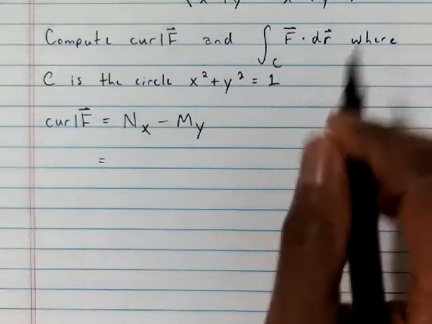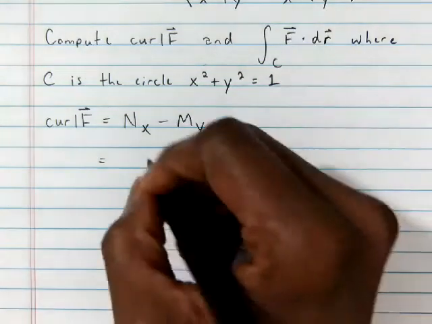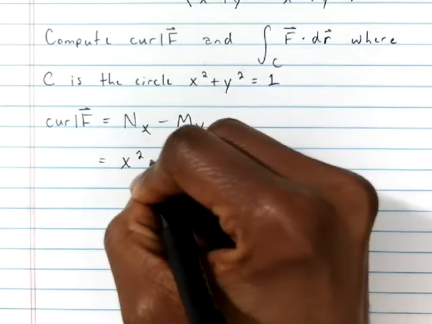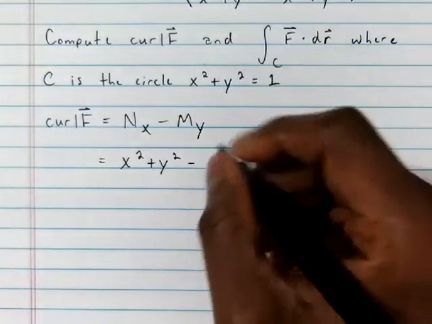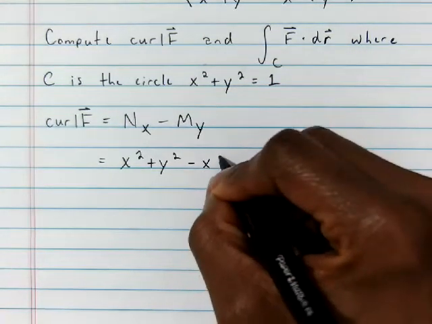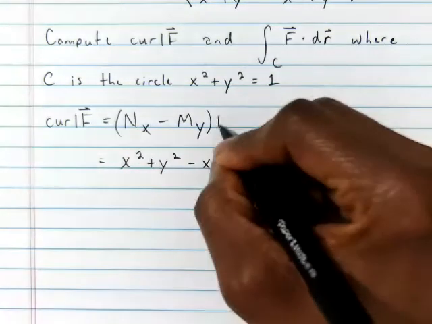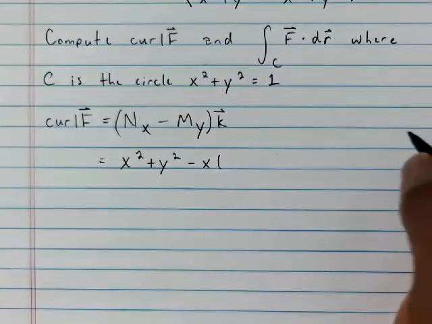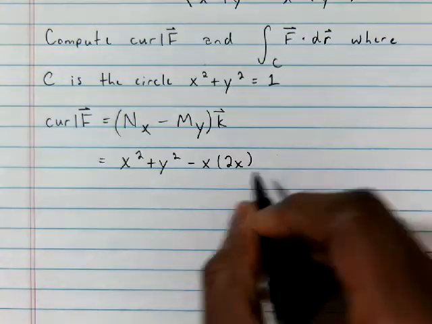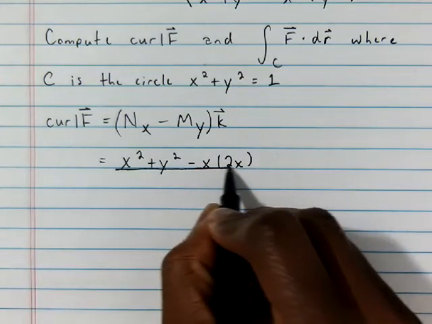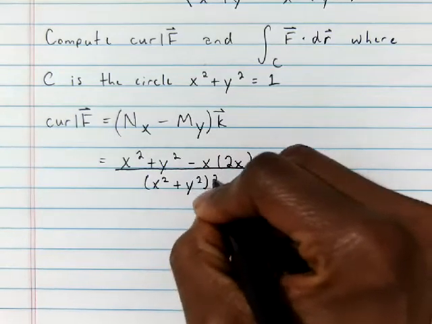So the partial of N with respect to x, we're going to get 1 times x squared plus y squared, and then minus x times 2x. Oh, sorry, this should have a k on it. That's the curl. X times 2x, and then all over x squared plus y squared, quantity squared.